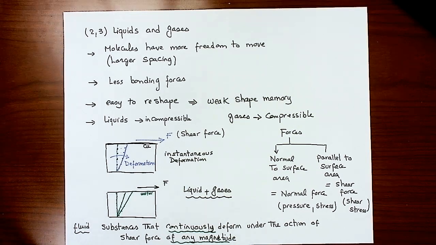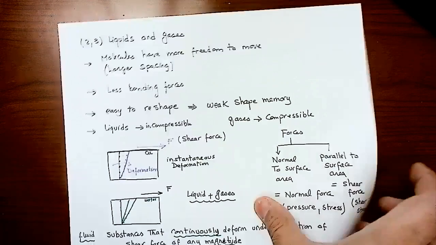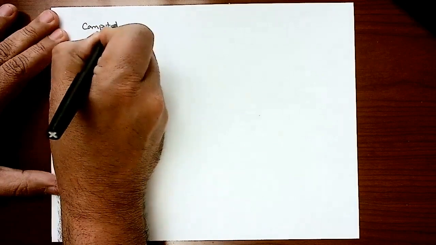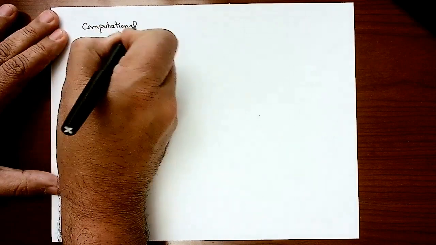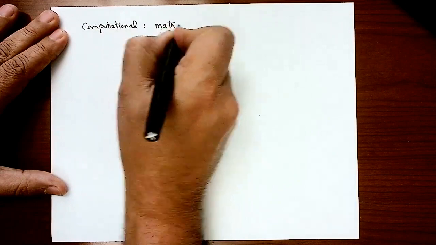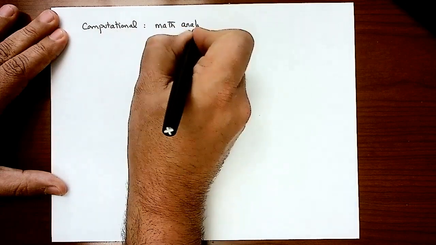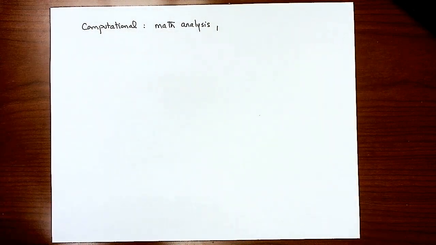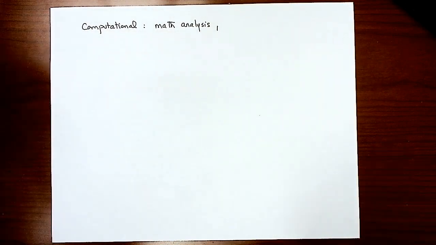So the last word of the title is actually the word computational. The word computational gives you the sensation of mathematical analysis, math analysis, right? But it also gives you the sensation of computational tools, computing tools, right?